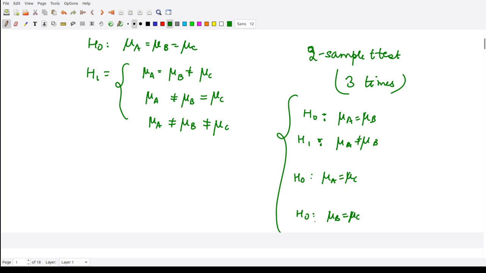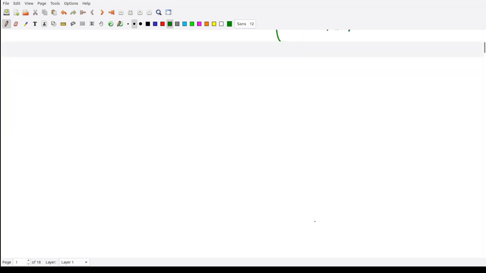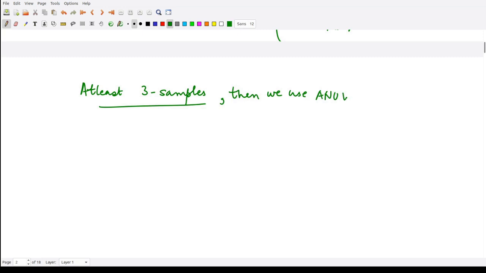So whenever we have at least 3 samples, we use this ANOVA. What are the assumptions of using ANOVA?